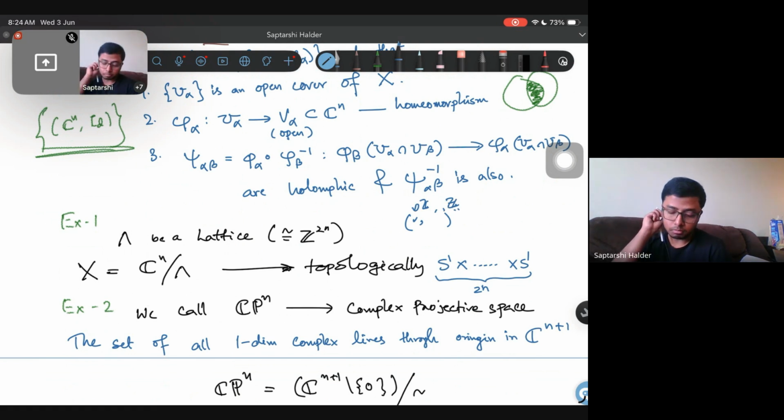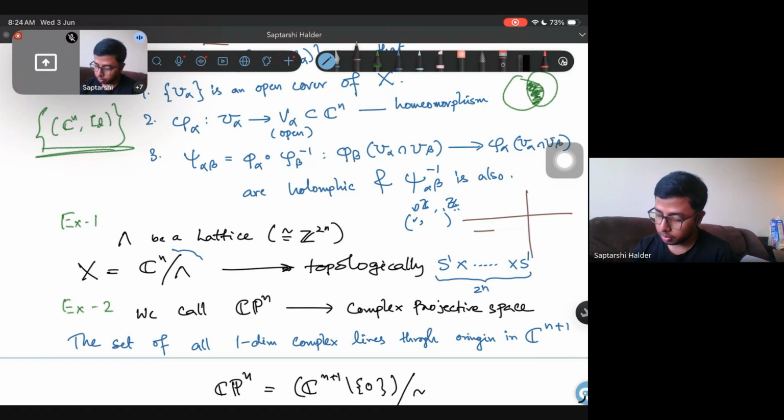Okay, so it's a lattice. Now if this Cn is quotiented out by this Zn, so basically what we are doing, in the topological sense, is that if you have a grid like this, with all these lattice points here, you are identifying all of them to be one. Okay, so it will give you a torus.